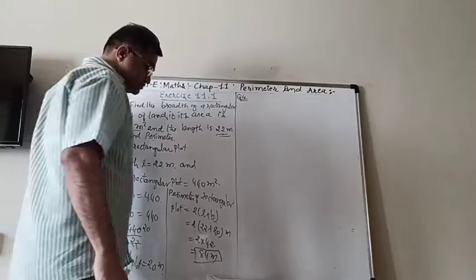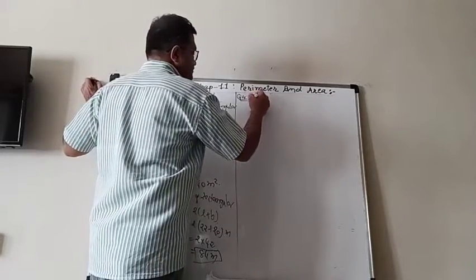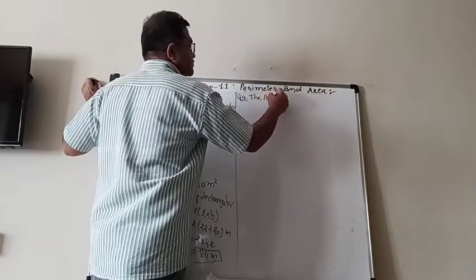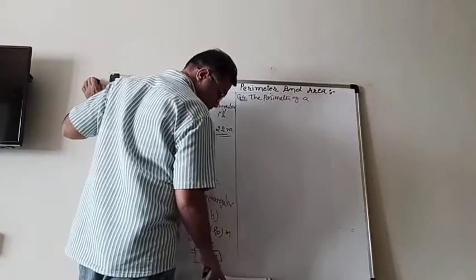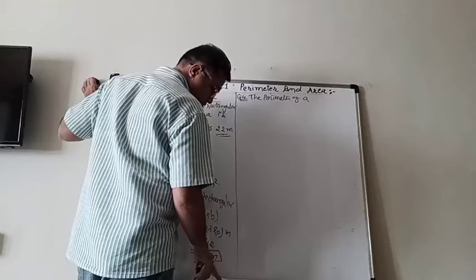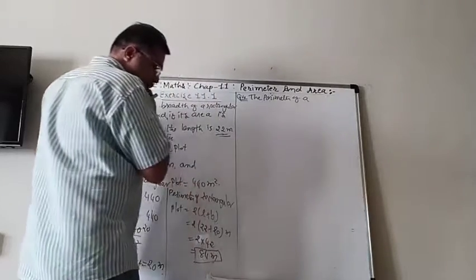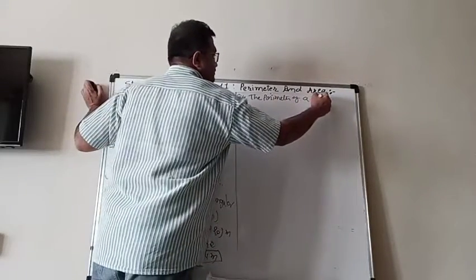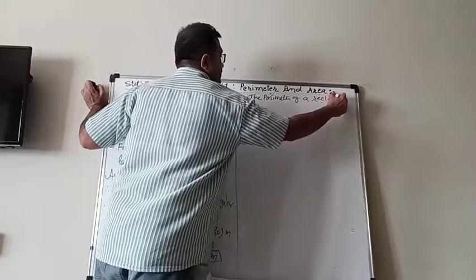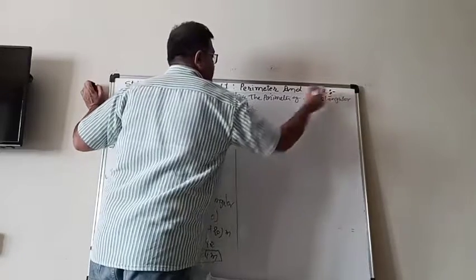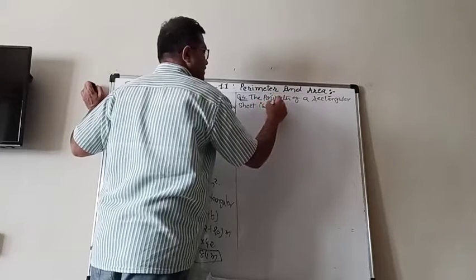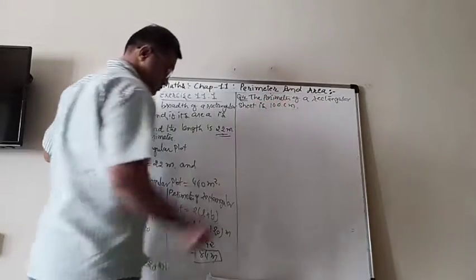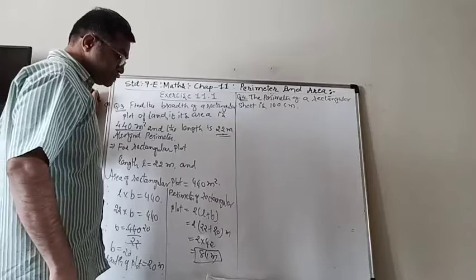Let's do the fourth question. The fourth question is: the perimeter of a rectangular sheet is 100 centimeter. What else is given?